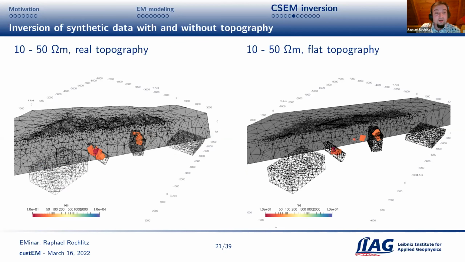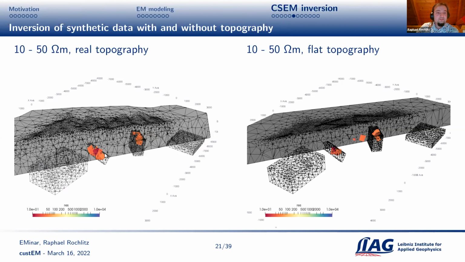And to go a bit more into detail, I will show you now surfaces of anomaly, which include areas of the inverse model, of a resistivity model with a certain resistivity range. So here, let's start with very high conductivities, low resistivities from 10 to 50 ohm meter.